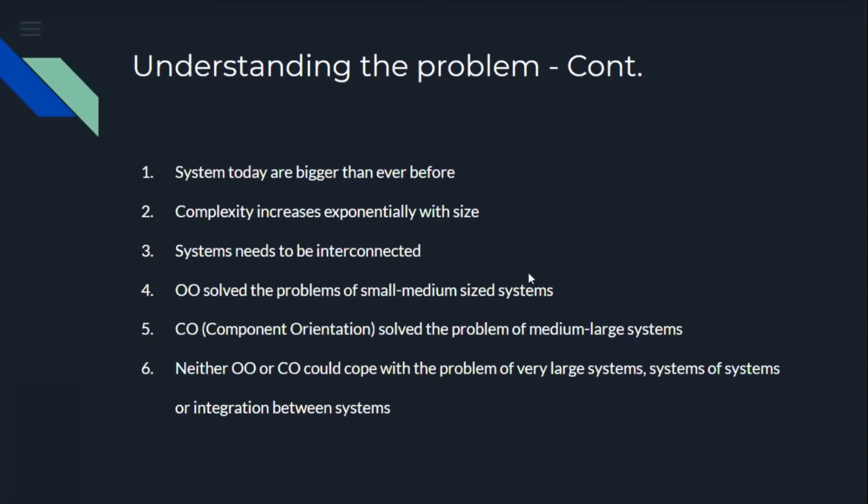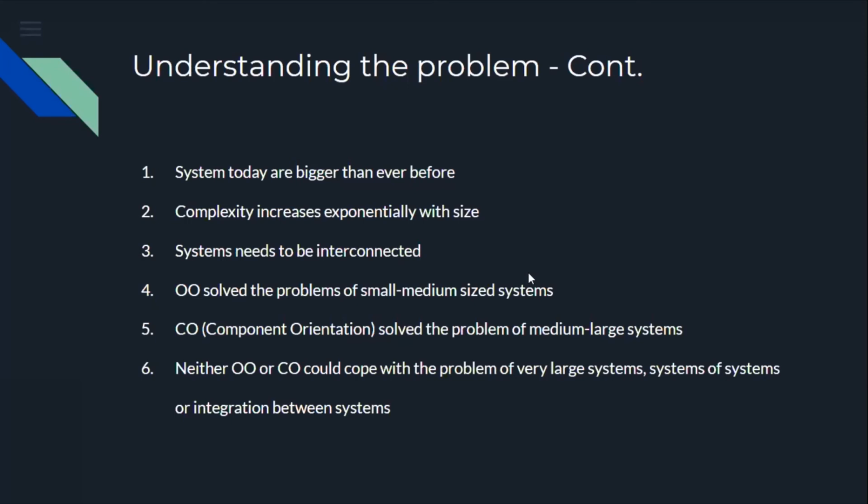The other challenge is that systems need to be interconnected. One system is interacting with various other systems and needs to be interconnected. The problem statement was: if one system is developed in Java and the other system is developed in .NET, how will both systems interact?